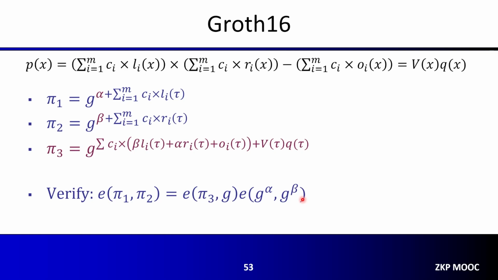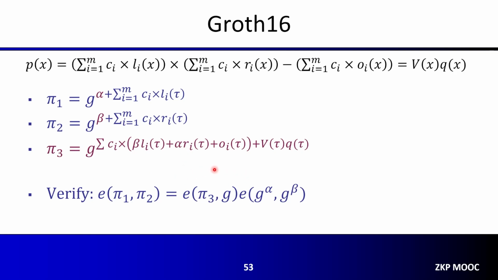So that is the high-level idea to further reduce the proof size from 5 elements to 3 elements only. Okay? And that is the improvement of Groth 16. And again, to be precise, this is actually not the actual algorithm. This only gives the intuition of this new algorithm, combining these 3 elements into one in the new pi3.